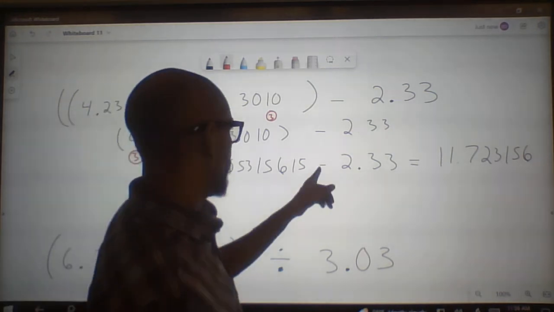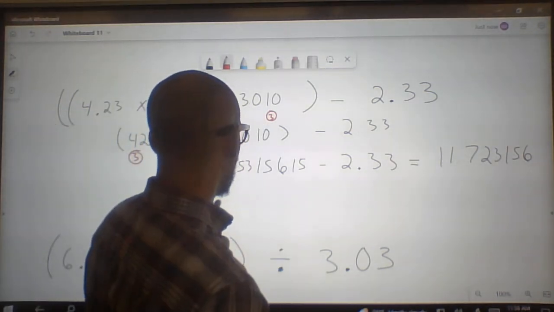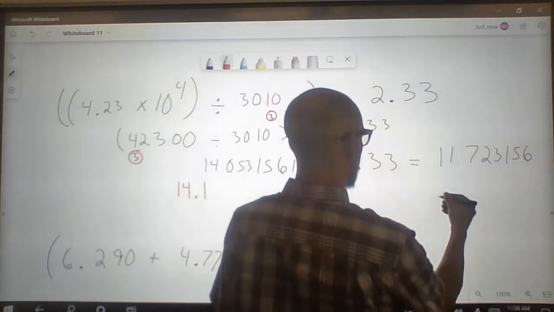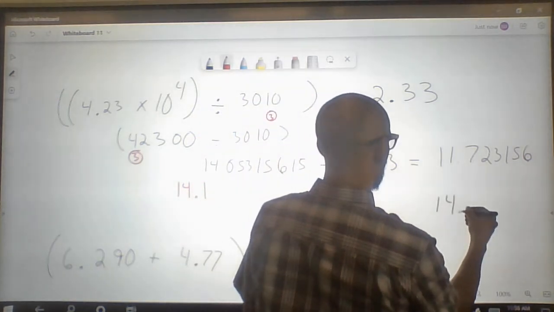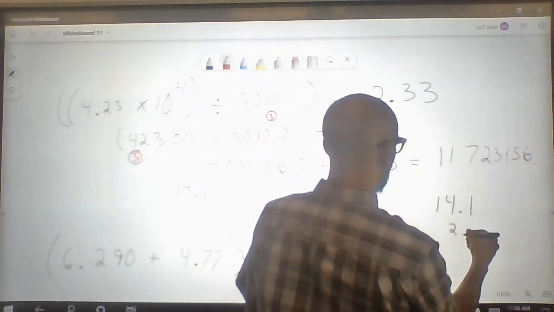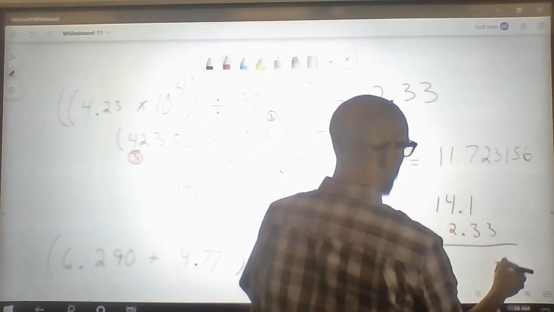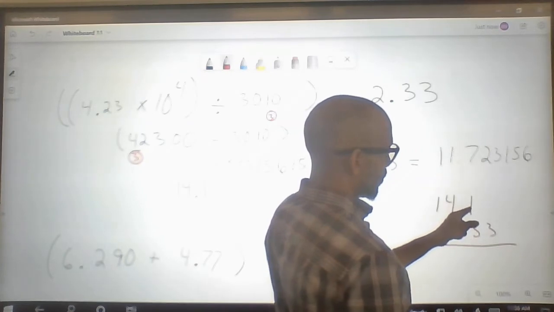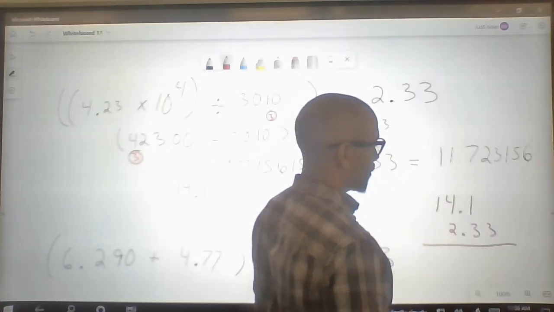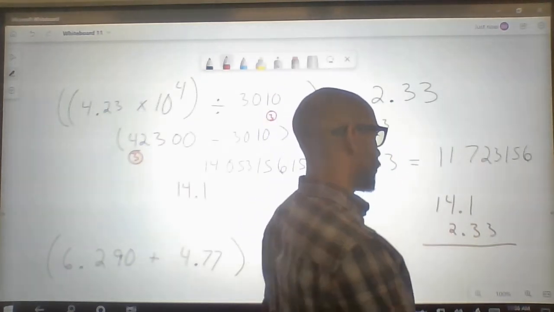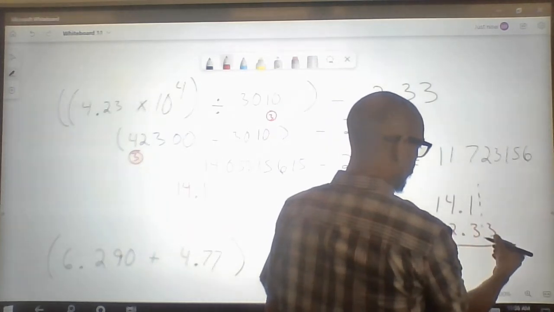And then I'm subtracting off this one. So we would have lined these up with the decimals. And then when we got our value, this is the least accurate. So we're going to round here.